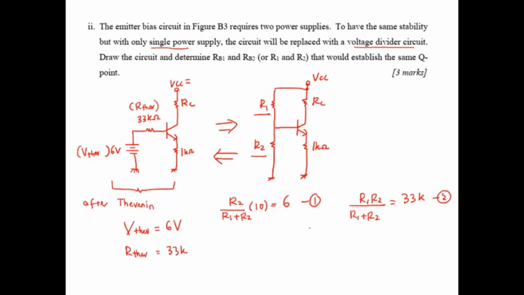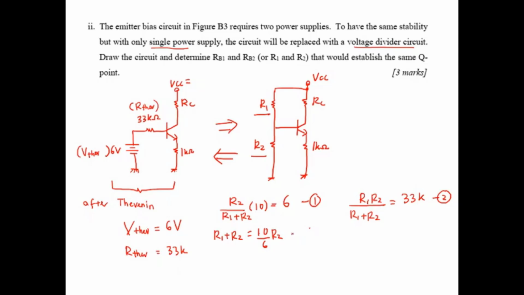As long as you can solve the first and second equations and get R1 and R2, it should be okay. So from equation 1, I can get R1 plus R2 equal to 10 over 6 R2.